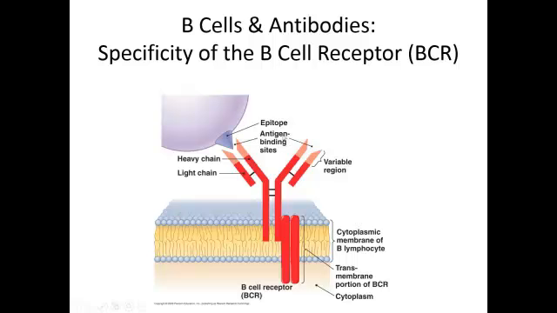But keep in mind that these receptors vary per B cell. Now this antigen can be either presented by an antigen presenting cell, that's usually what works best, or it can be a soluble antigen that's floating by in the lymph. In either case, once it binds, the B cell will start dividing and produce more of itself.